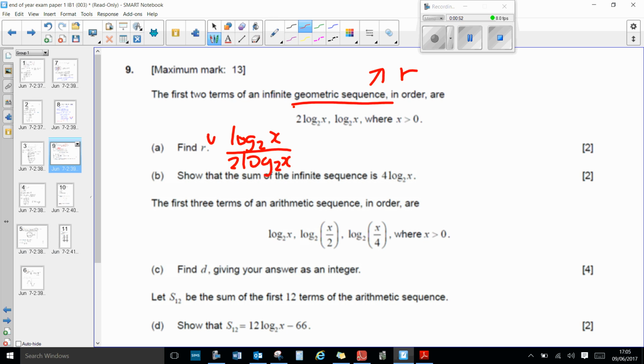It's basically u2 over u1, the second term divided by the first, and we can see that the log base 2 of x is common to both top and bottom, so it can cancel out, and we get r is 1/2. So that the sum of the infinite sequence is 4 log 2 x.